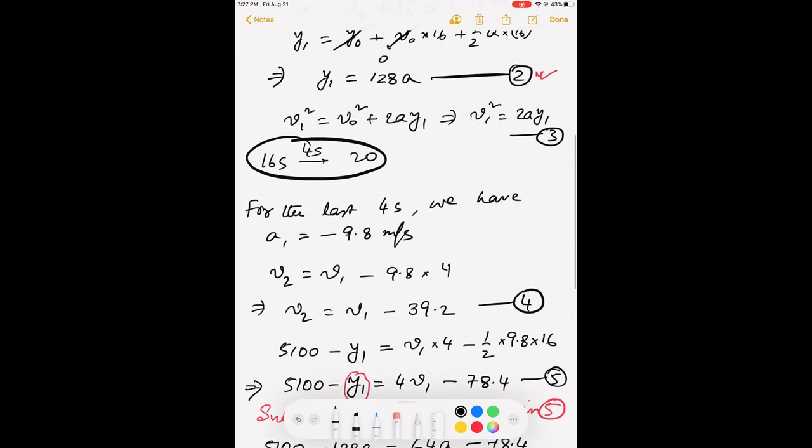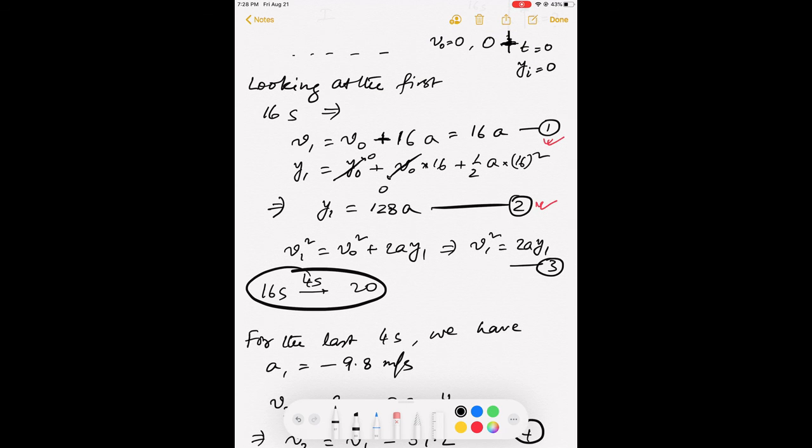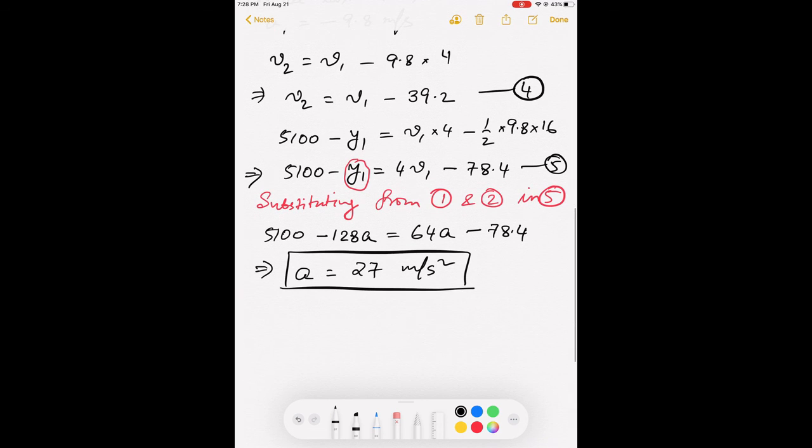Now you could go back and solve all the other parameters. You can find y1, you can find v1, anything that you did not know before, you would be able to calculate now with the help of this acceleration that you found.